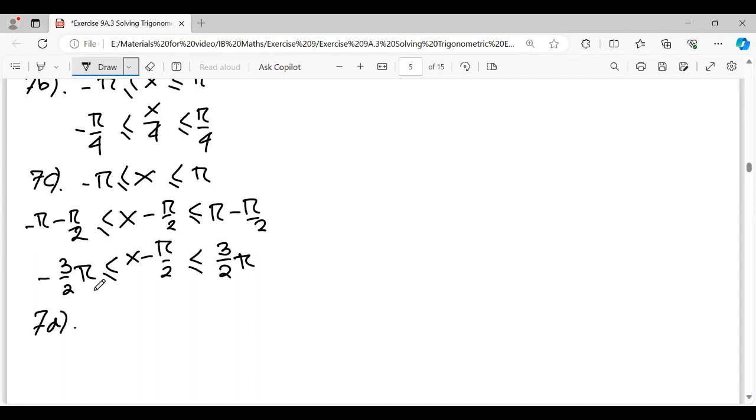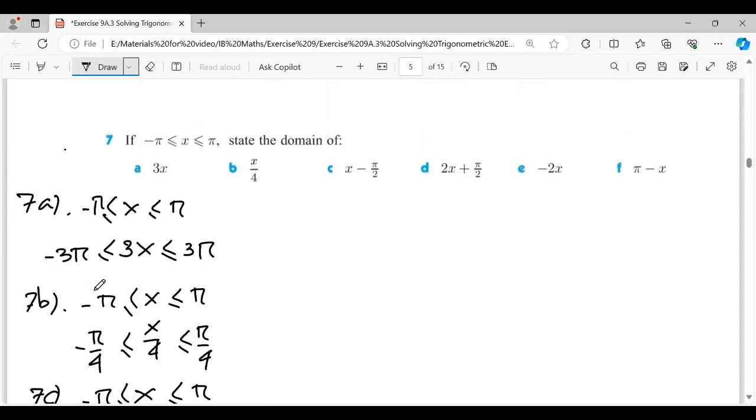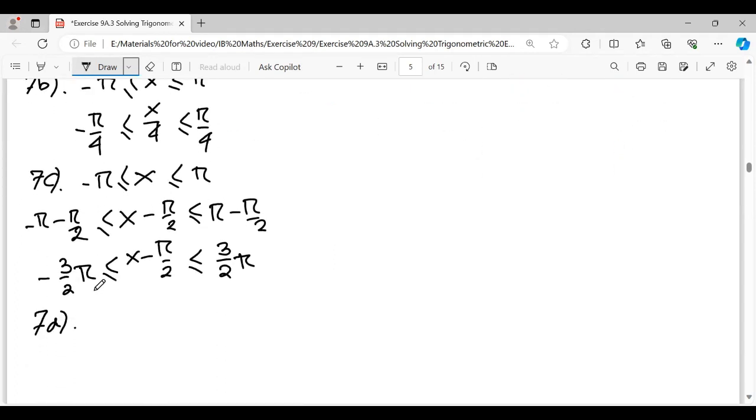7D. 2x plus pi over 2. Negative pi. Okay. If 2x, it means times 2. Okay.